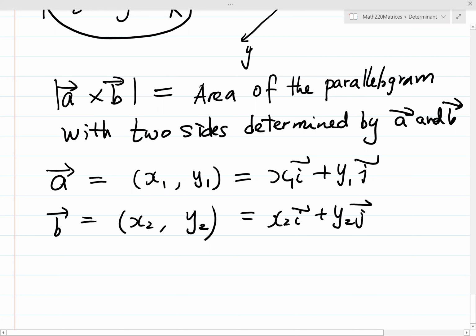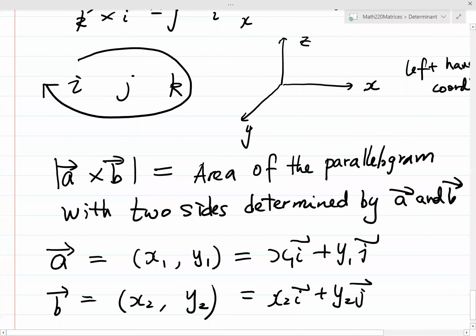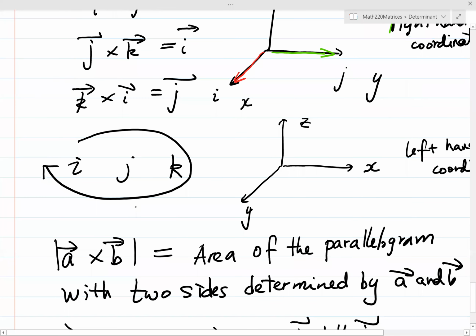Now, if you do cross product, A cross B, of course, we also have the distributive law: A cross (B plus C) is A cross B plus A cross C. We also have a distributive law for the other factor. If you switch them, you multiply by -1, and you get the other distributive law for that other factor.